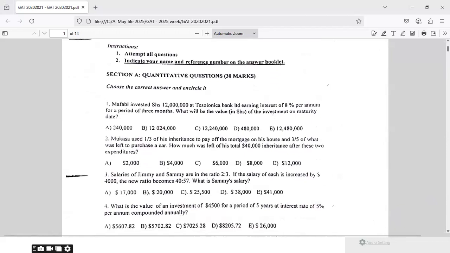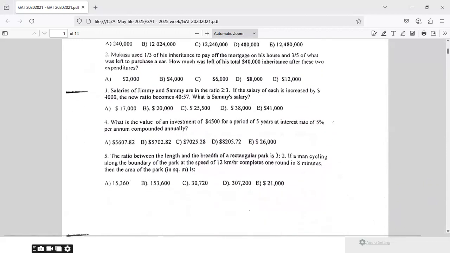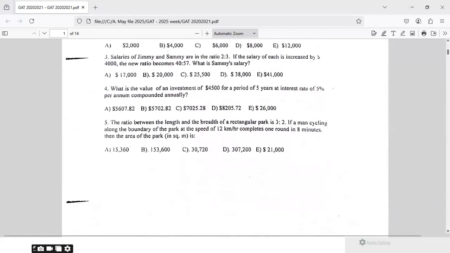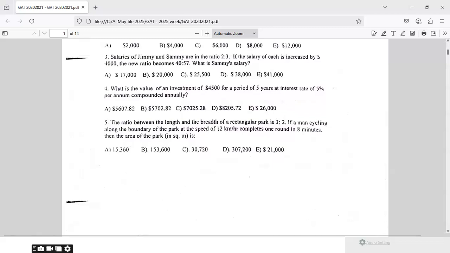Let's go now to number 3. Number 3 is asking that salaries of Jimmy and Sammy are in the ratio of 2 to 3. I don't know when you last learned about the ratio.